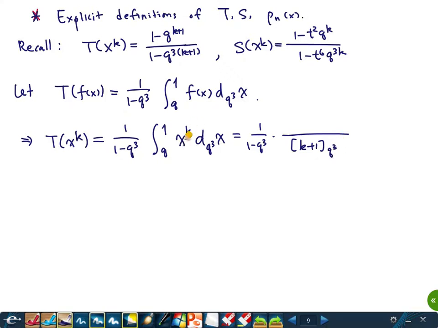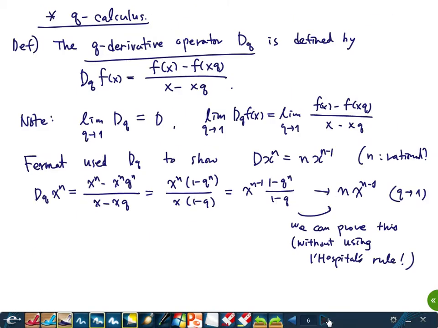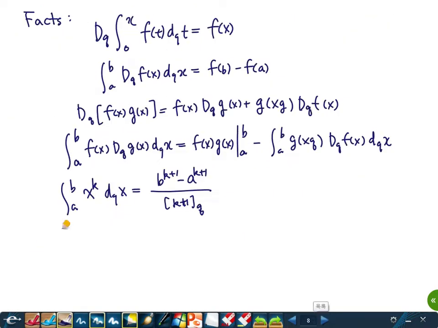And then we need to substitute x to the k plus 1, one and then minus q, so 1 to k plus 1 minus q raised to k plus 1. This is just a q integral. I use this fact.